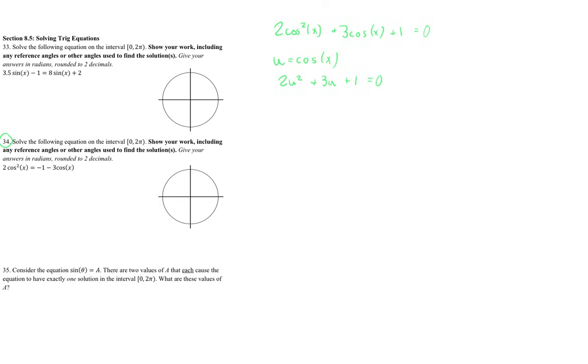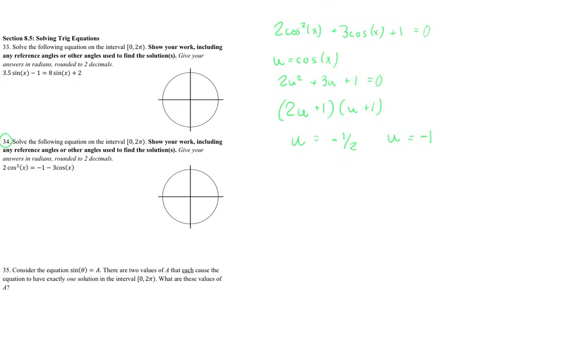That will factor into 2u plus 1 times u plus 1. So that gives us our two answers in terms of u. Our u is equal to negative 1/2 and u is equal to negative 1.